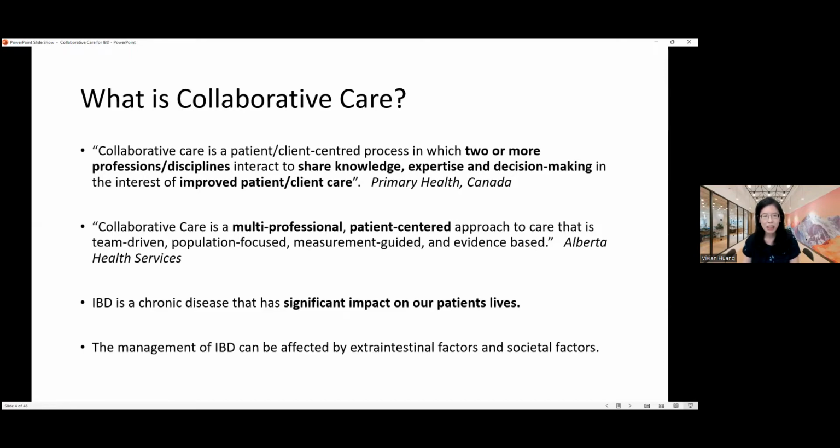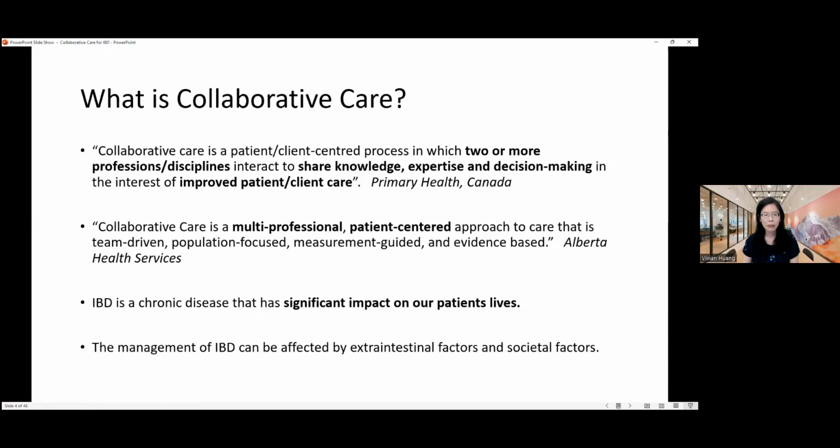That highly applies to IBD, which, as you know, is a very chronic disease with ups and downs, remission and activity, and a significant impact on our patients' lives, their quality of life, their function, and participating in going to school, taking care of the families, going to work. There are a lot of measurements that we use, and we'll talk about some of those tests, and a lot of studies looking for evidence of why we're doing certain things.